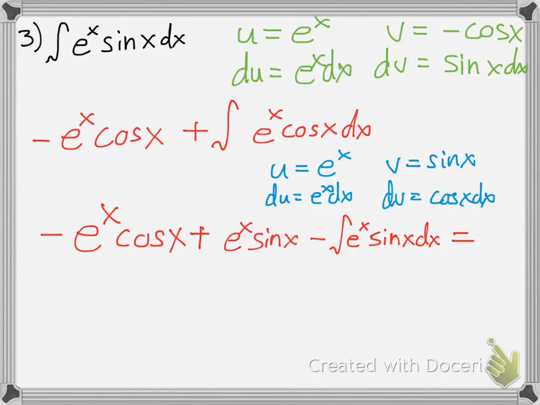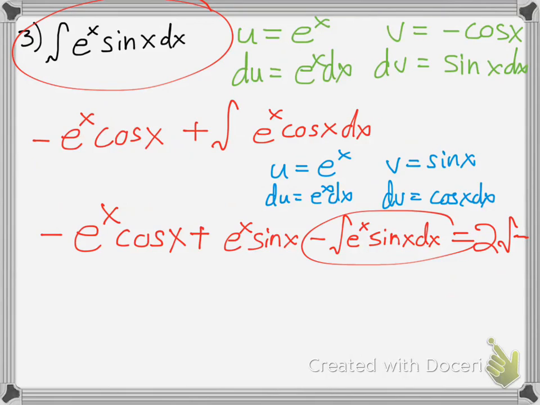So what does that mean? Well, you would add this over here, and you would have two of these, right? So it would be 2 times the integral. I'm out of space, but it's basically 2 of these.